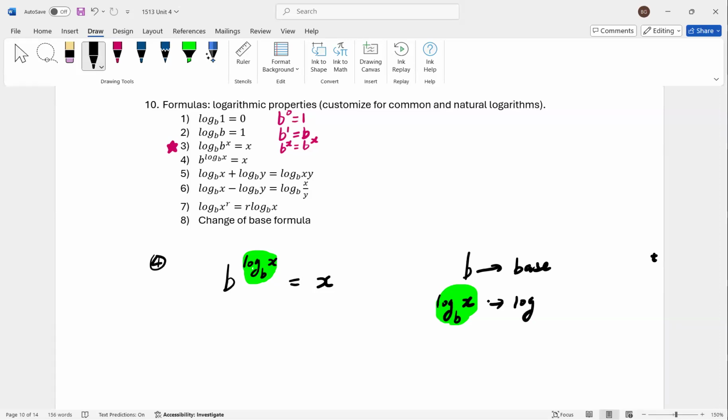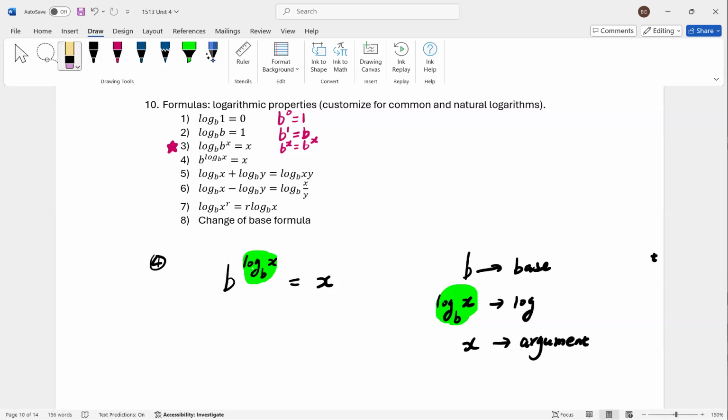And of course, the other one would be the argument, because we only have 3 parts. If you found 2 of them, then the remaining one would be the third. So now we have our 3 parts, base, log, argument.